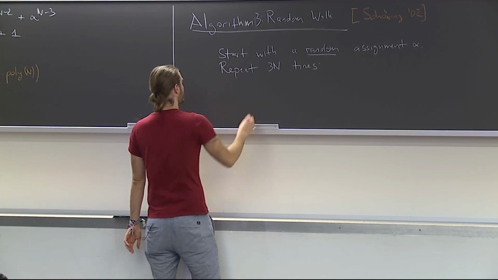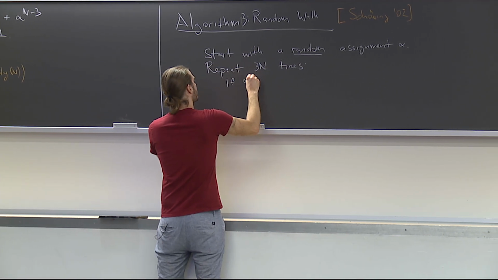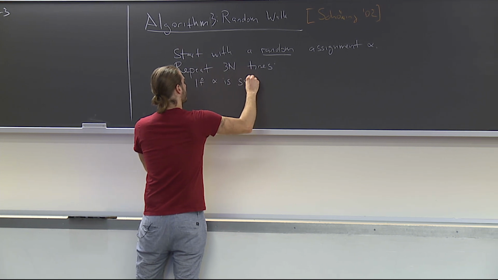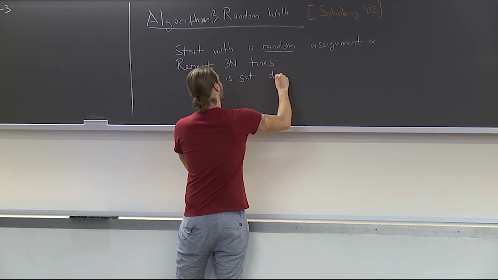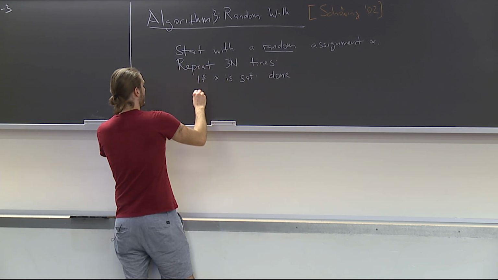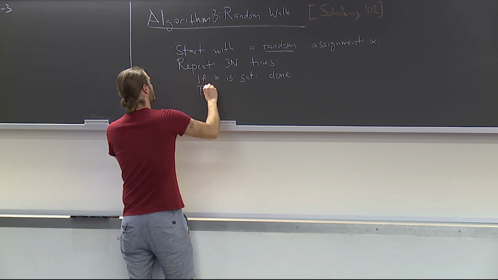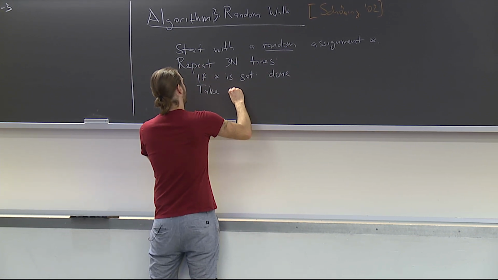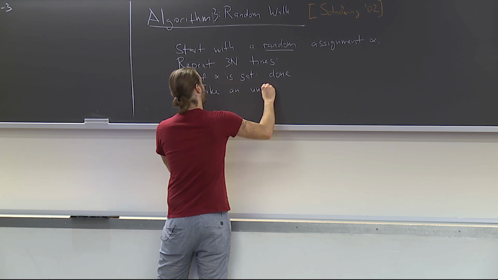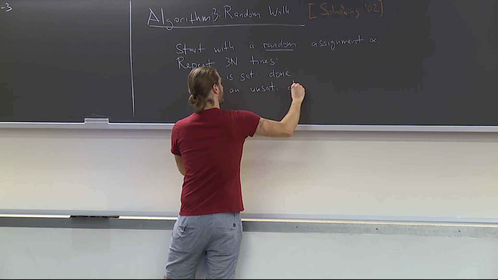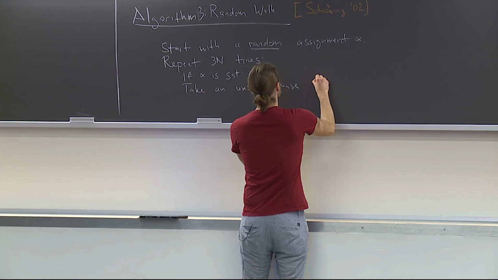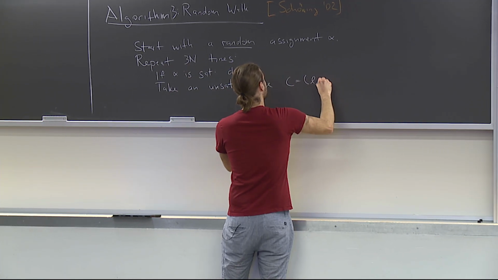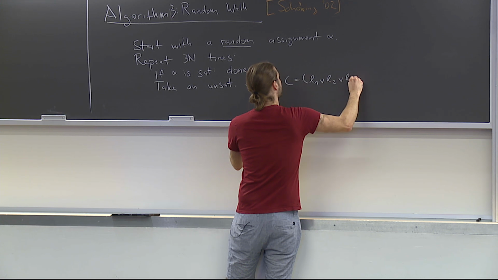We test if alpha is satisfying, perfect, we're done. Otherwise, take an unsatisfied clause C, with literals L1, L2, or L3.